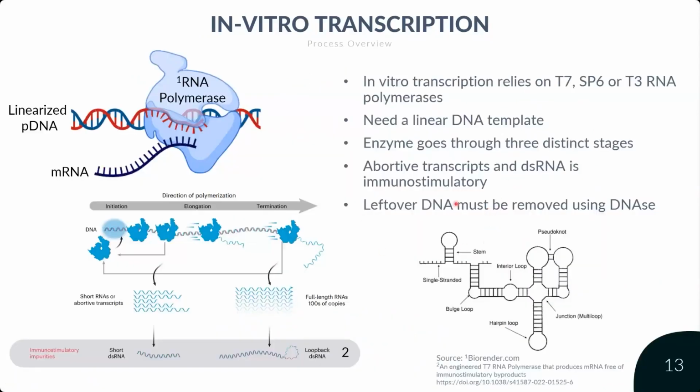And now to get into a little bit more around the process, just to give us more of a foundation for the later subjects in the talk. It really first begins with in vitro transcription. As I'd mentioned, you need a linearized plasmid DNA template that a synthetic RNA polymerase can transcribe.